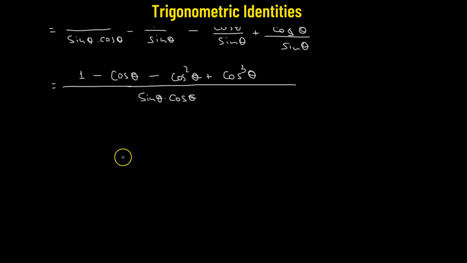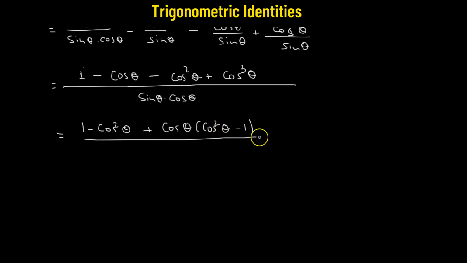Now we can combine the first and the third term. We have 1 minus cosine squared theta, and if we combine the second and the fourth term by taking cosine theta as the common factor, so let's take positive cosine theta, so we'll have cosine squared theta minus 1, whole divided by sine theta times cosine theta.